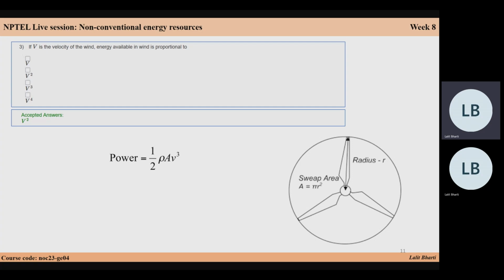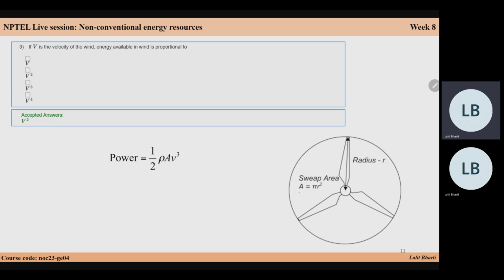The next problem is: if V is the velocity of wind, the energy available in wind is proportional to what? From your main lectures, you know the power of a windmill.